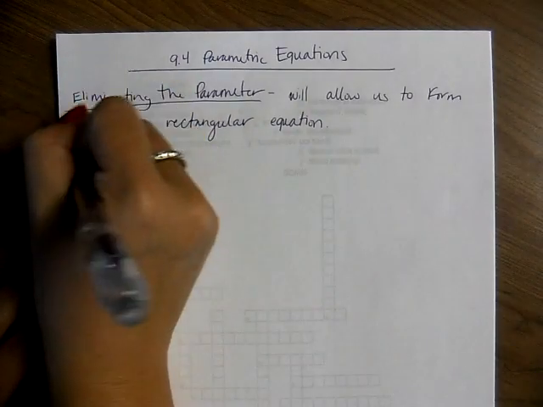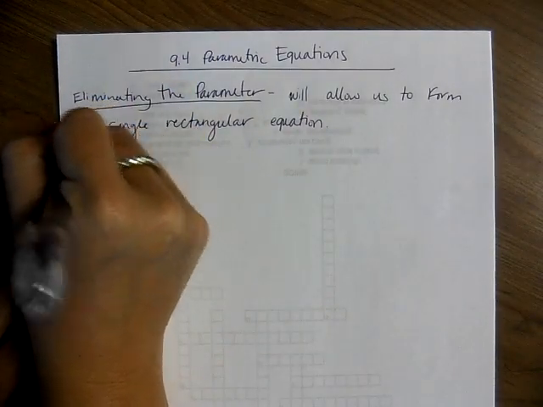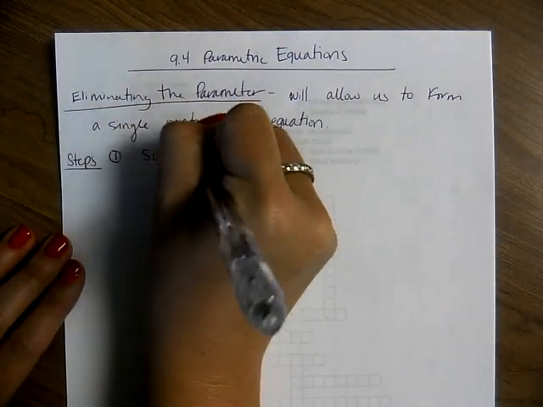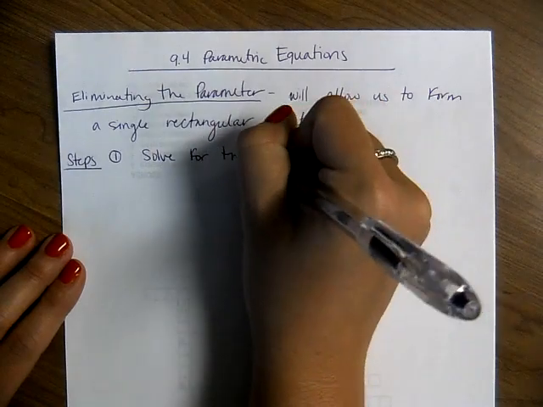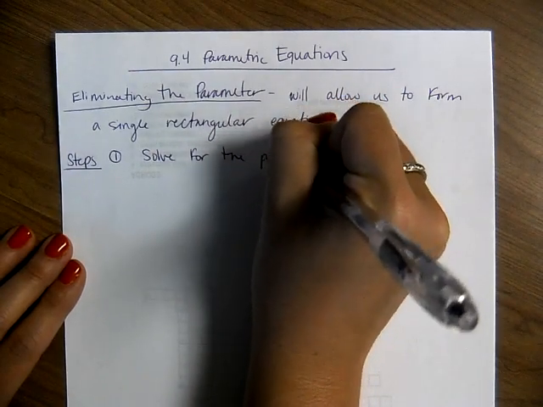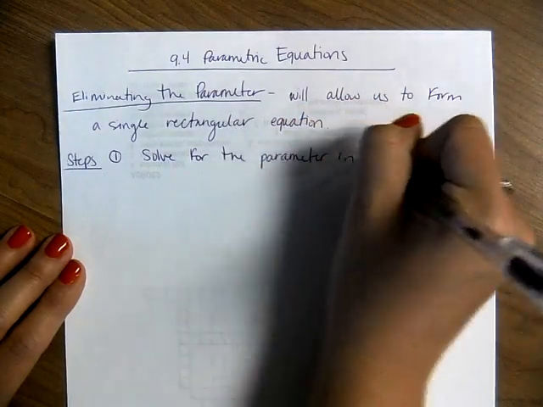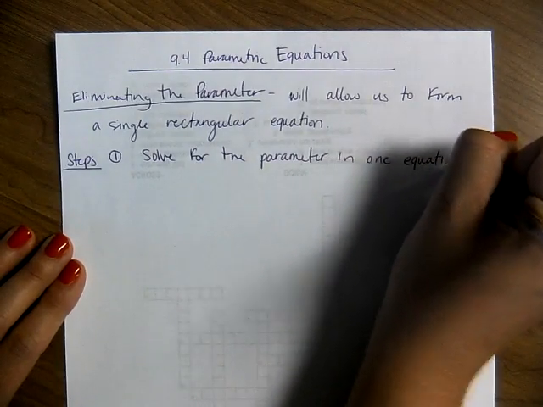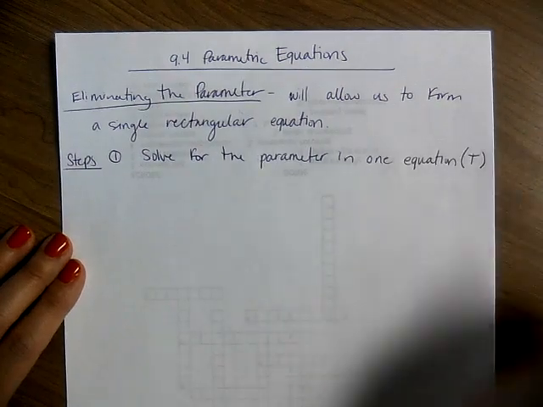Okay? Alright, so here are the steps. Step 1, you solve for the parameter in one equation, which is normally t.